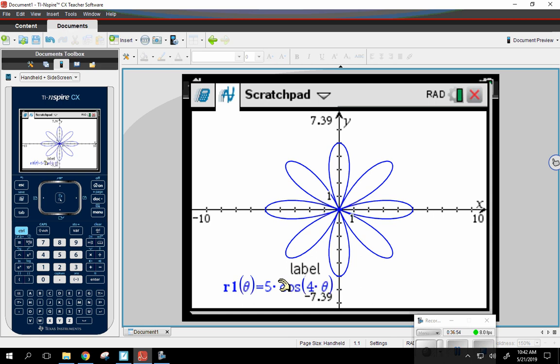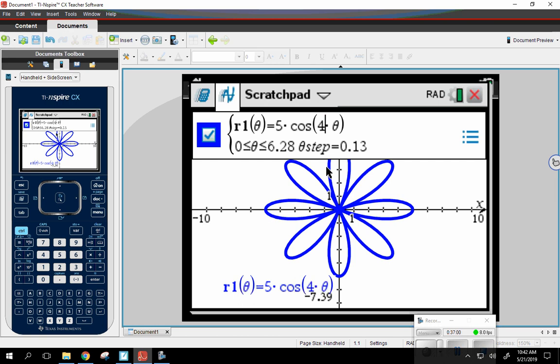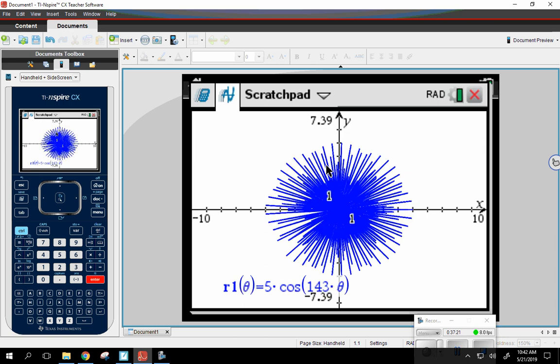Okay, very good. Does anybody want to play with this real fast? Like put in a crazy number of petals? 143? That's such a weird number. Okay. The highest that any class has gone so far has been 1,000. Okay. So here's 143. Kind of looks like a sea urchin.